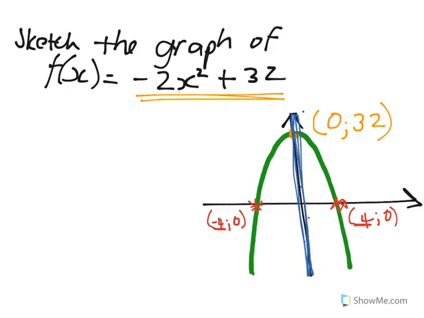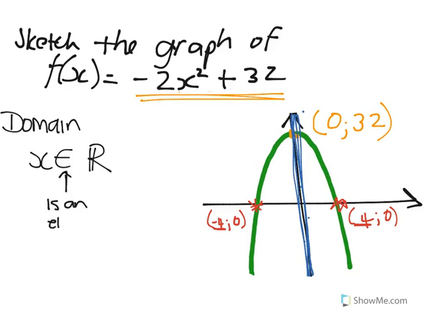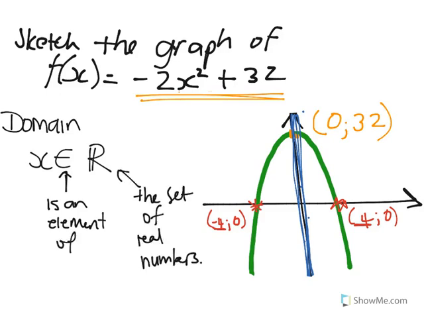So how we write that is that the domain of this function is any real number. x is an element of the set of real numbers. So that's how you would write that.